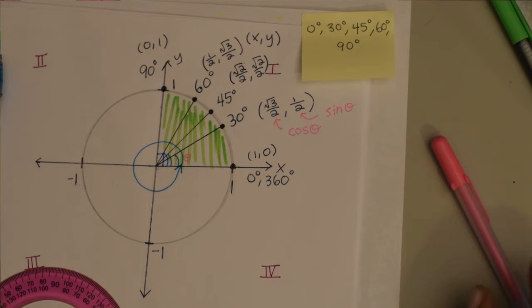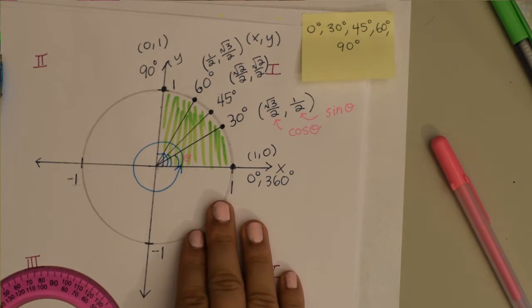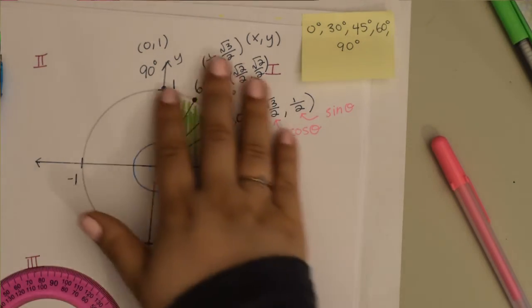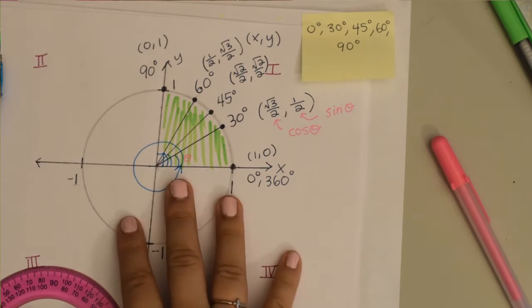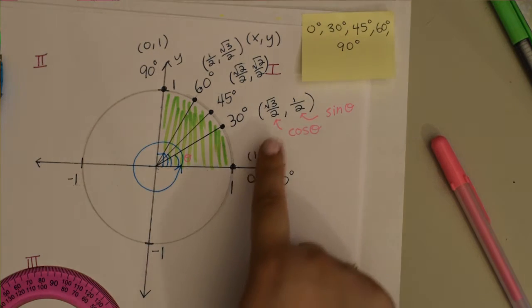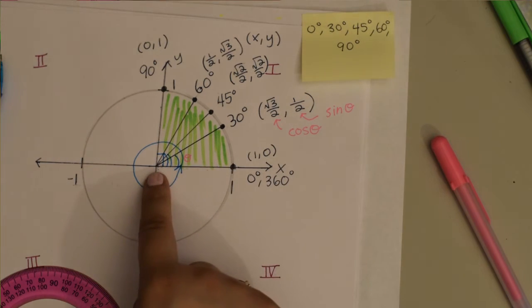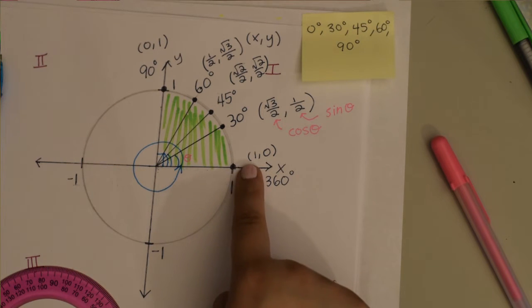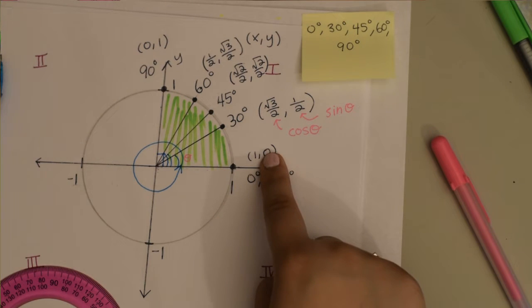So now that we've memorized this, we can actually write out a table, which we'll do later on. But like I said, I wanted to focus on drawing the circle out today. But you can see just straight out from this information that, for instance, 0 degrees right here, cosine of 0 is 1, and sine of 0 is 0.